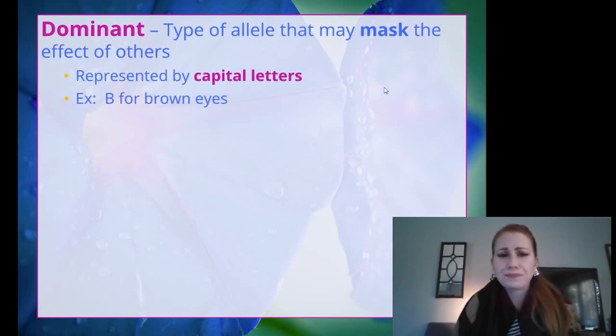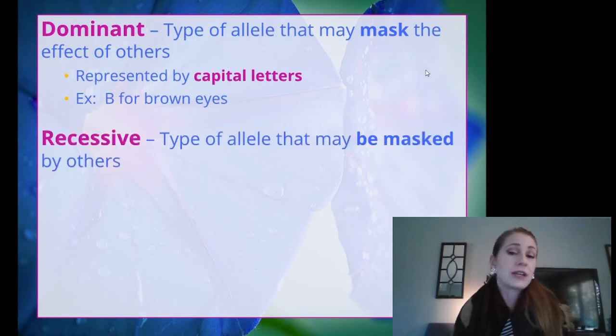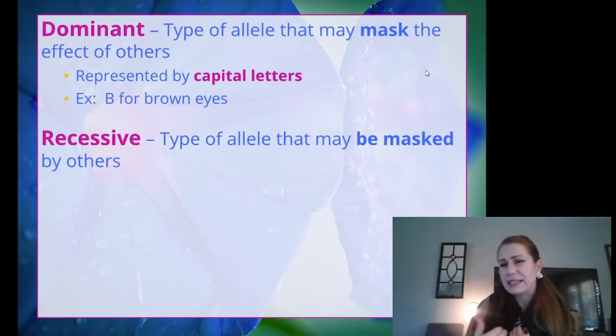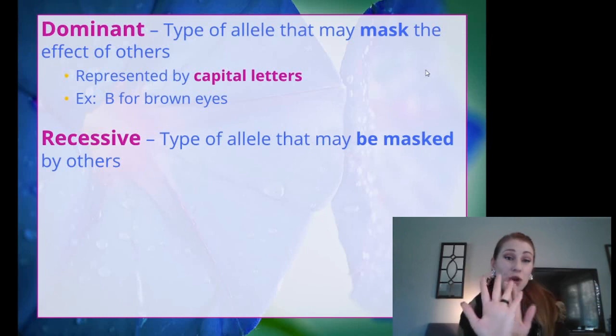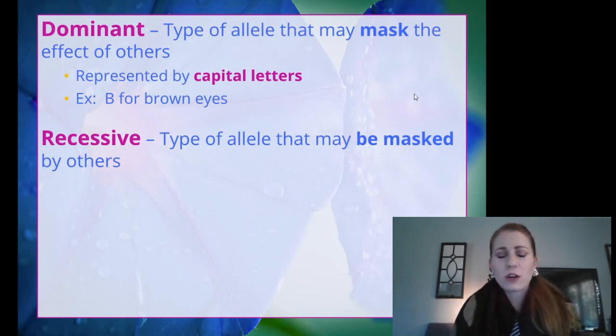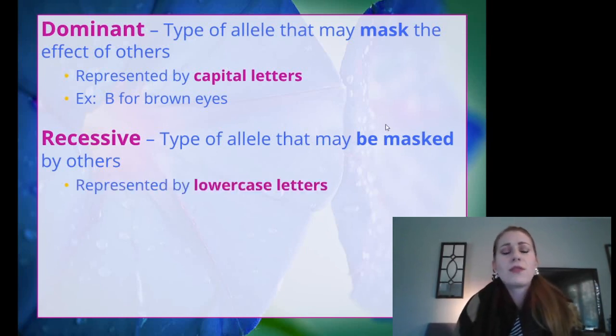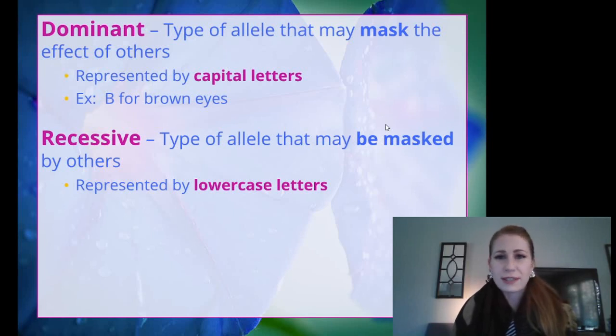Recessive alleles are another type of allele, and those will get hidden by a dominant allele. So if something's recessive, it kind of hides in the background. So if you have a dominant and a recessive allele, the dominant one is going to show through. It'll be hiding the other allele. They're represented by lowercase letters, so recessive are going to be like little b.